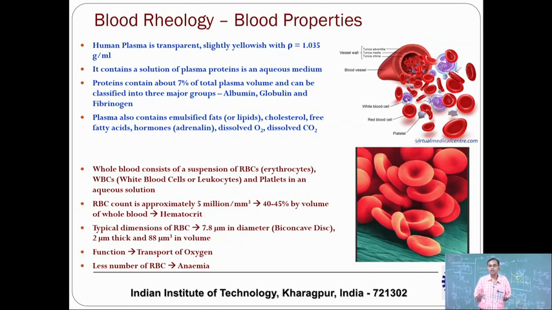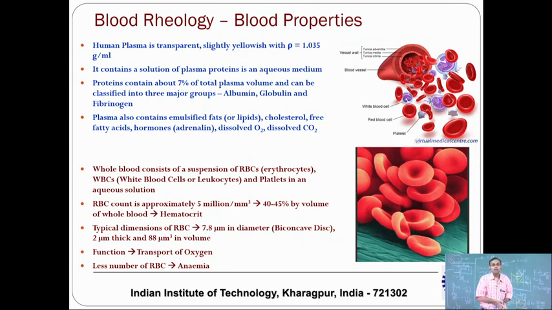Plasma is not just like water, because plasma contains certain proteins. These proteins are primarily albumin, globulin and fibrinogen, and these proteins form their own network type of structure, and that makes the rheology not exactly the same as that of water, although it looks like water.